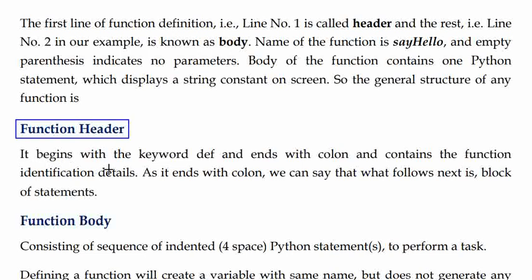It begins with the keyword def. When you declare a function, which keyword do you need to use? Def, and it ends with a colon and contains the function identification details. As it ends with a colon, we can say that what follows next is a block of statements.